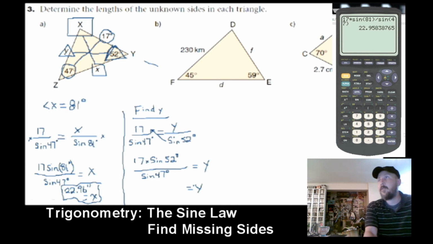Now, as I'm doing it on my calculator, one interesting thing about this sine law is it works for even non-right triangles. Or, sorry, these are non-right triangles. It works for even right triangles.